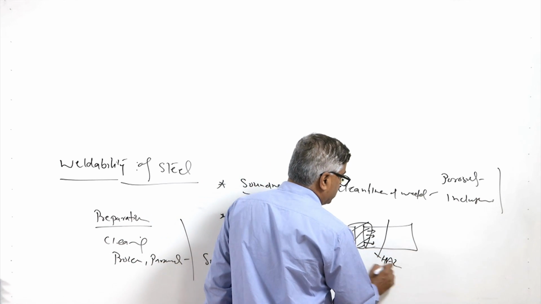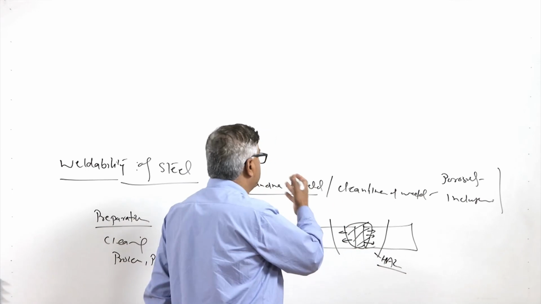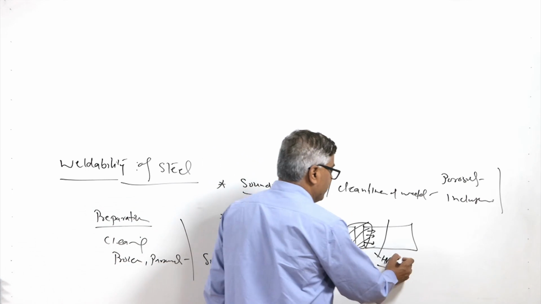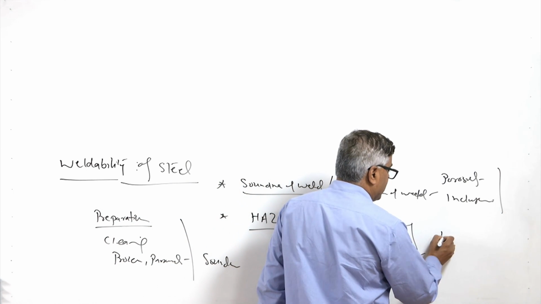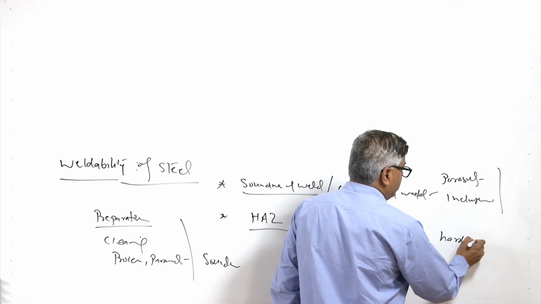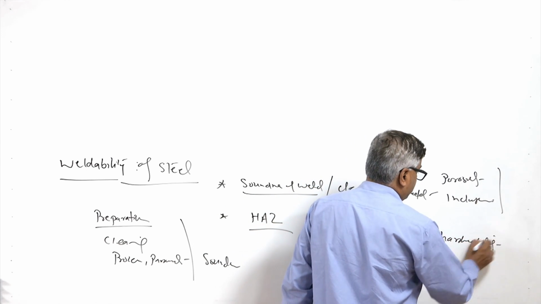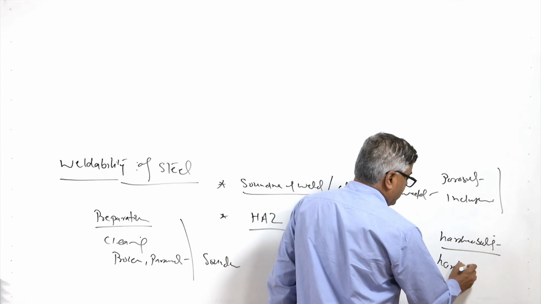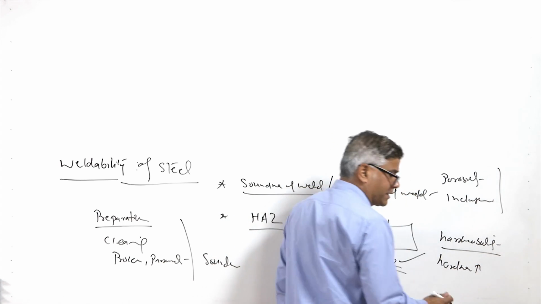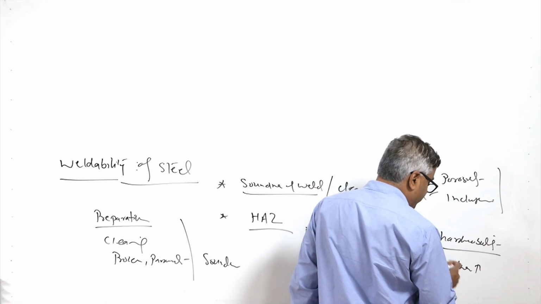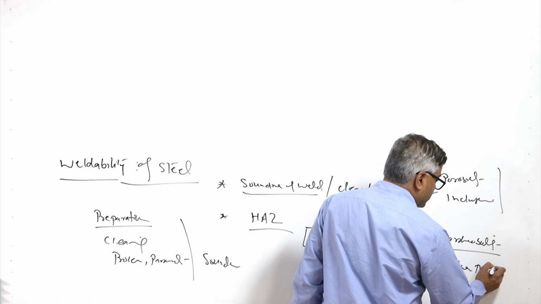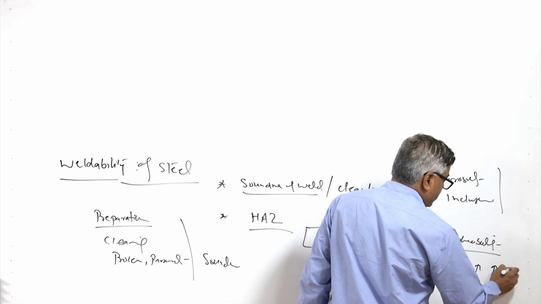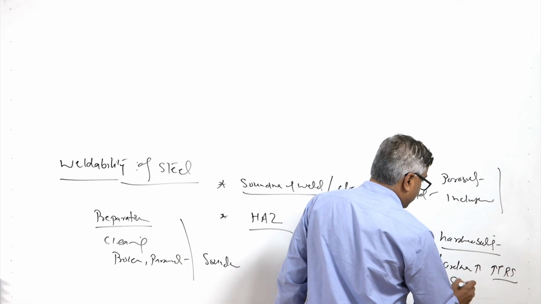So, the heat affected zone is especially troublesome in the case of steels, because most steels show hardenability, and this hardenability increases the hardness. Since residual stresses are an integral part of a fusion weld joint, the presence of tensile residual stresses leads to cracking.